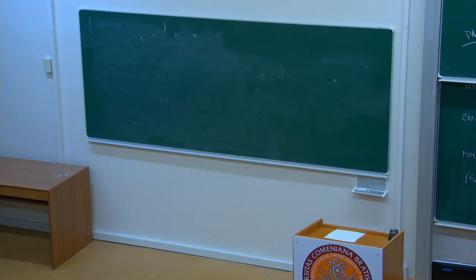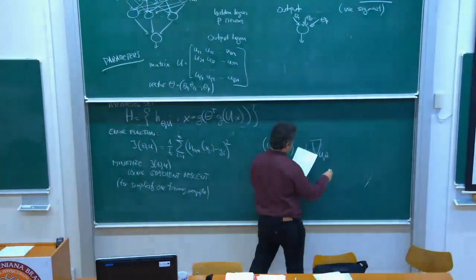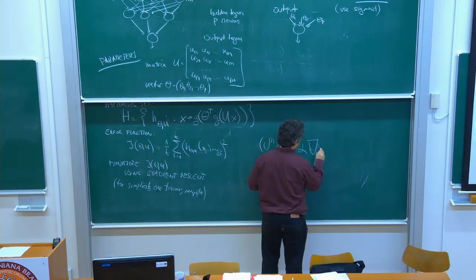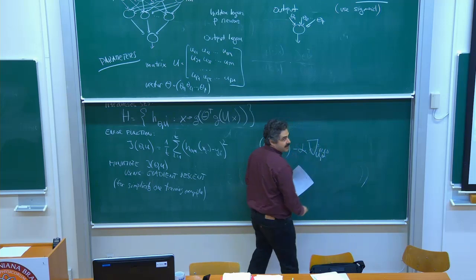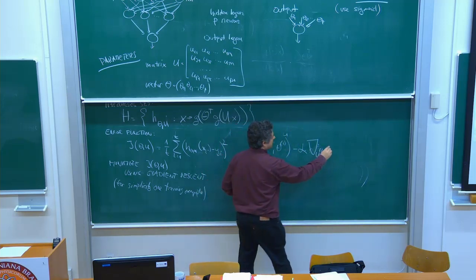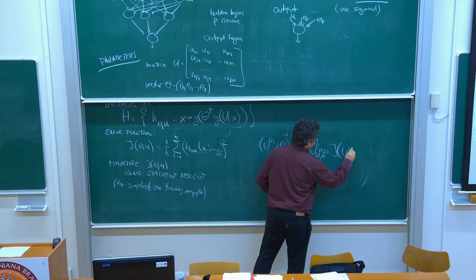So we want to use gradient descent. Basically, we want to take some parameters, the ith version of parameters u and theta, and update them with alpha times the gradient over u and theta, with the ith version of these parameters of J. I think I just switched u and theta, it doesn't really matter.